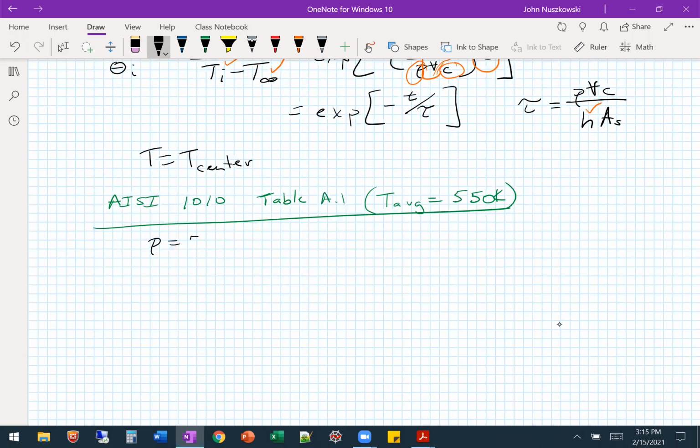So we go and grab those different properties. We see density is 7832. Thermal conductivity is 51.2. The specific heat is 541. Thermal diffusivity 1.21.